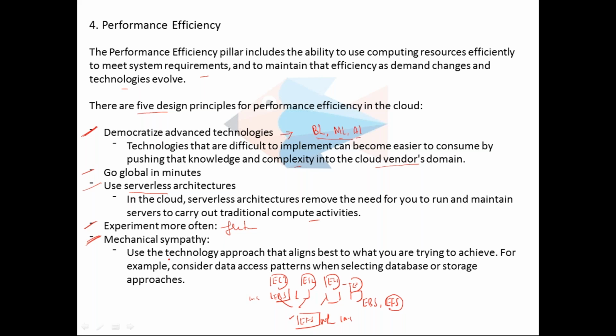So what it is telling is, use a technology approach that aligns best to what you're trying to achieve. For example, consider data access patterns when selecting database or storage approaches. Even for the database, if you're going for a relational database, don't go for DynamoDB, which is for non-relational, NoSQL, or unstructured data. According to data access patterns, you are supposed to opt for what is exactly required.